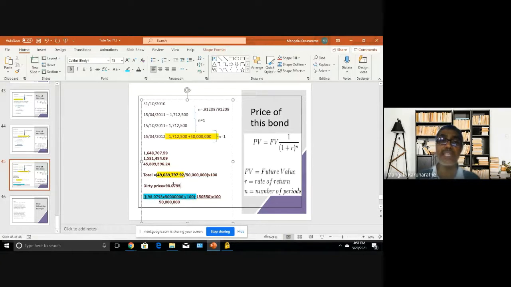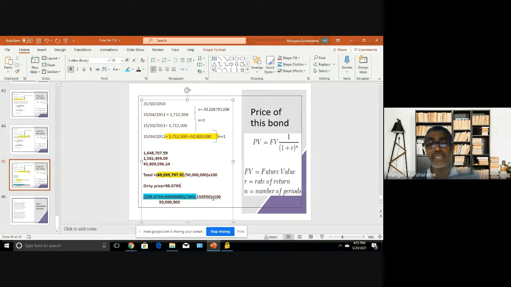There is a slight difference in the answer from the answer we got here, right? It will say 750 or something. So from that we deduct 150,550. This is the accrued interest we calculated earlier, right?